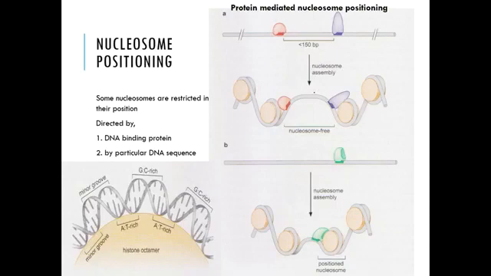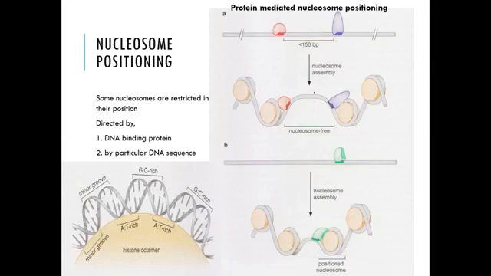Here you can see the positioned nucleosome. This protein favors the formation of a nucleosome near its binding site. So these are the two ways in which proteins mediate nucleosome positioning.